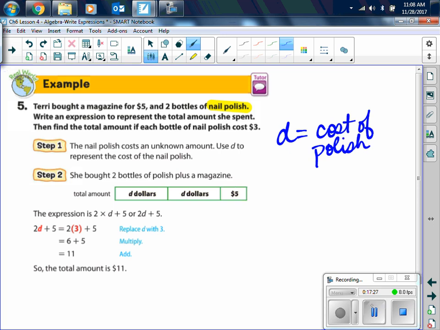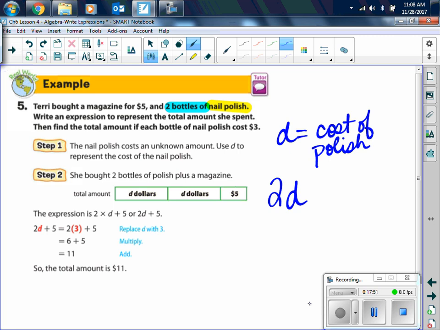Okay, so D is going to be the cost of the nail polish, right? Now, how many bottles did she buy? 2. So what do I need to do with that D? We're going to multiply it times 2. Very good. So here is where we get our 2D.